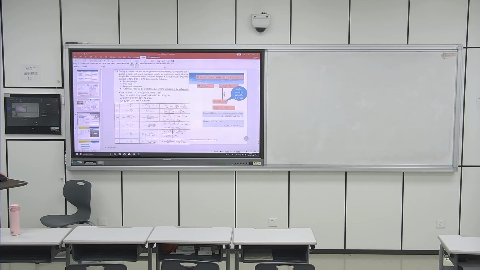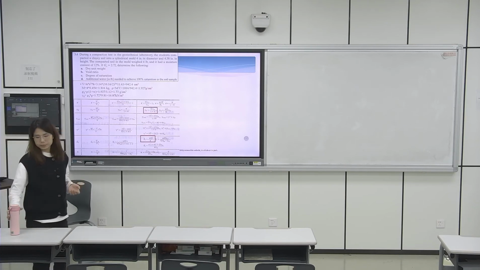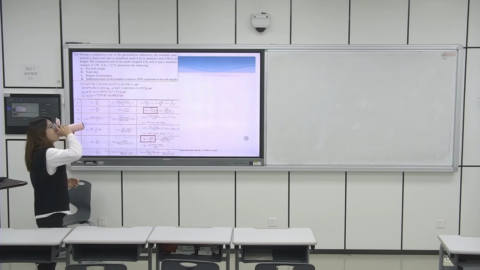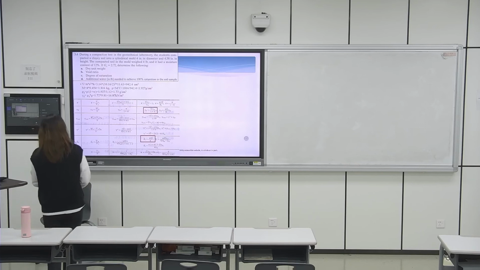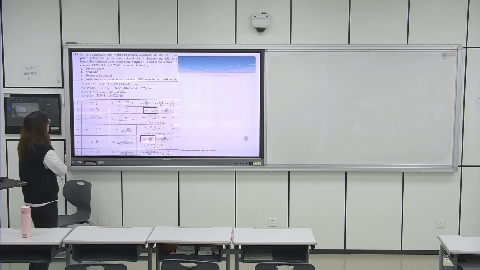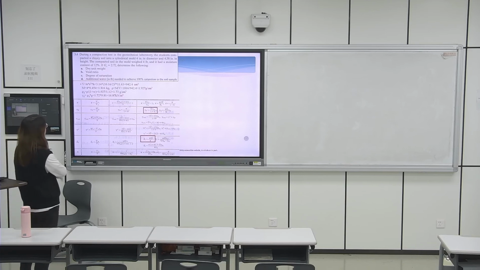Then let's see homework 3.4 in chapter 3. It says during a compacting test in the geotechnical laboratory, the students compacted a clay soil into a cylindric mold, 4 inch in diameter and 4.58 inch in height.